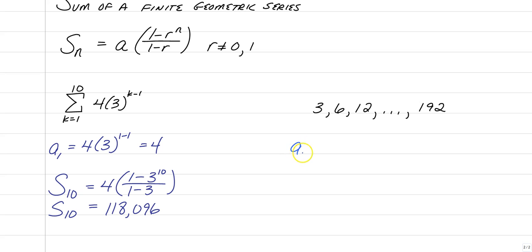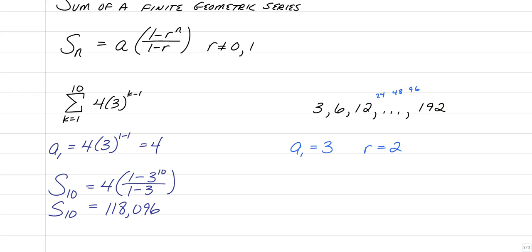First term is a sub 1 is equal to 3. Our ratio is 2. We're multiplying by 2 every time. 3 times 2 is 6 times 2 is 12. Times 2 is 24. Times 2 is 48. Times 2 is 96. Times 2 is 192. So 1, 2, 3, 4, 5, 6, 7 terms.